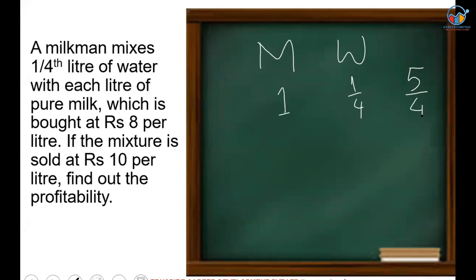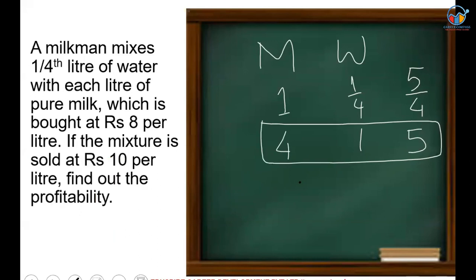Now after this, I want to convert everything into convenient values. So I'm multiplying everything by 4. So I'm saying as if with every 4 liters of milk is mixing 1 liter of water to get 5 liters of the solution.